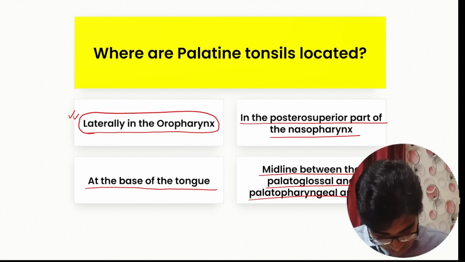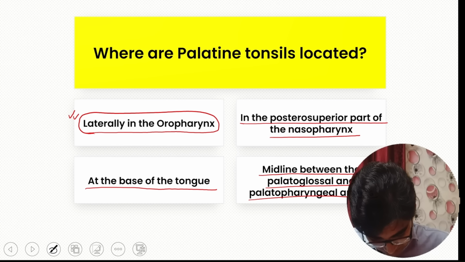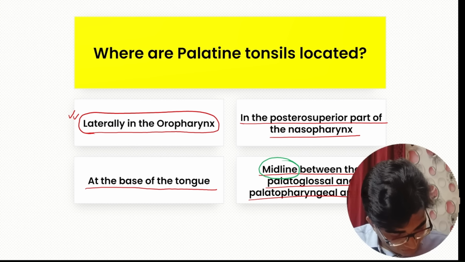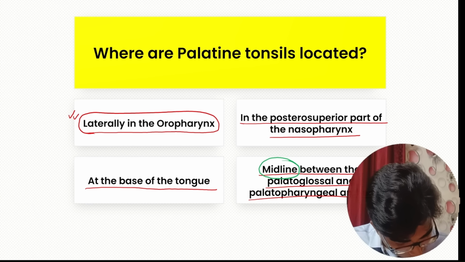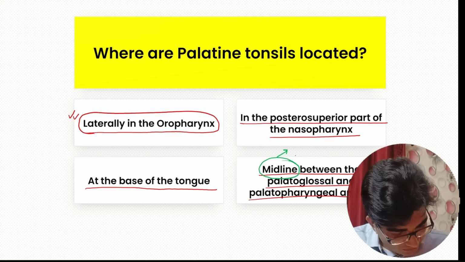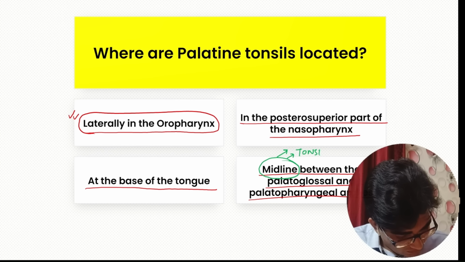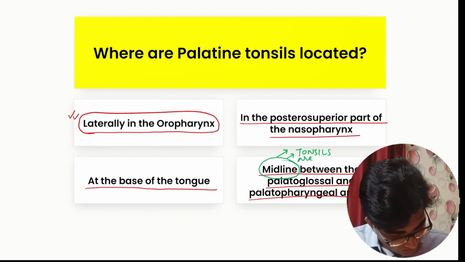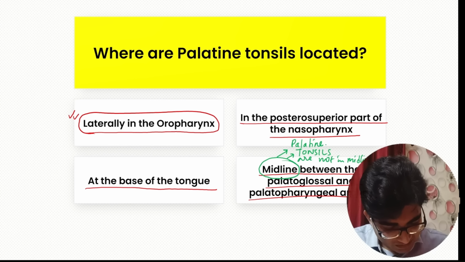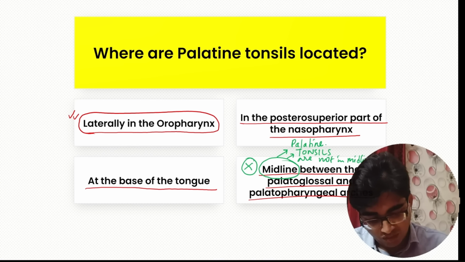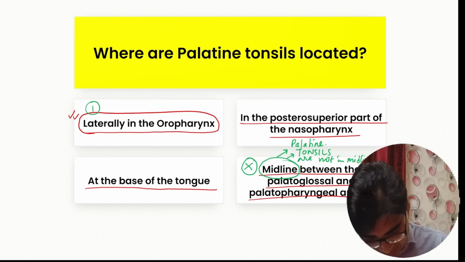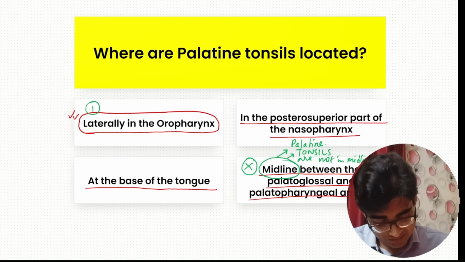Okay, you just see over here that this is saying midline. The palatine tonsils are not in the midline, so this option comes out to be wrong, whereas the first option is the correct one.